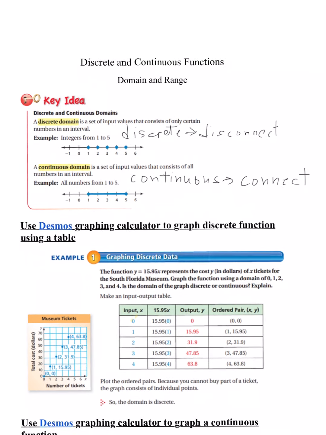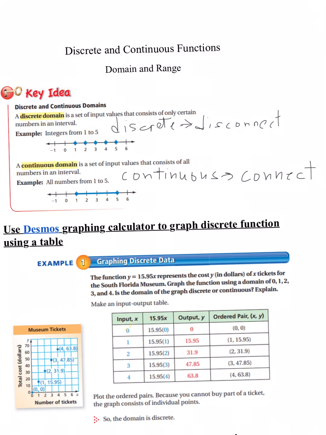The domain will look like this for continuous: x is greater than or equal to 1, but less than or equal to 5. So it can be any number including 1 and 5 and in between, so it could be 1.1, 1.2, 1.3, and so forth.